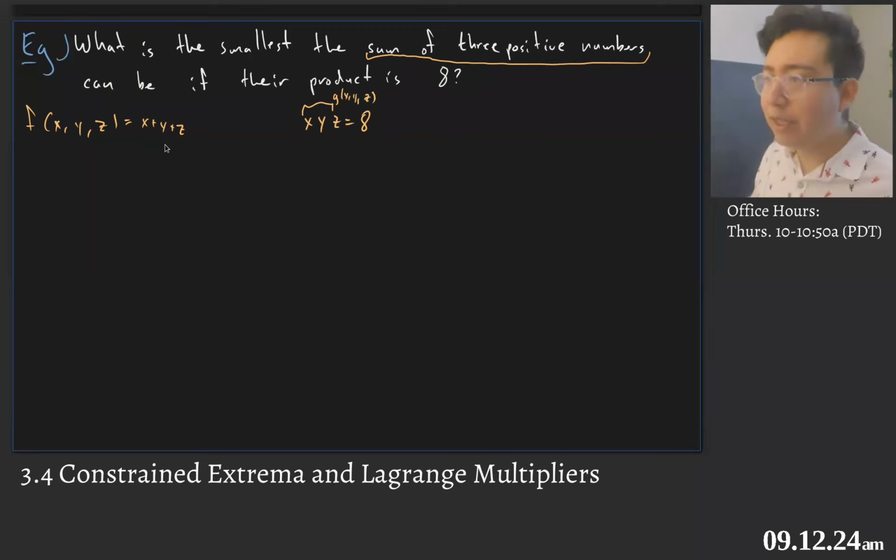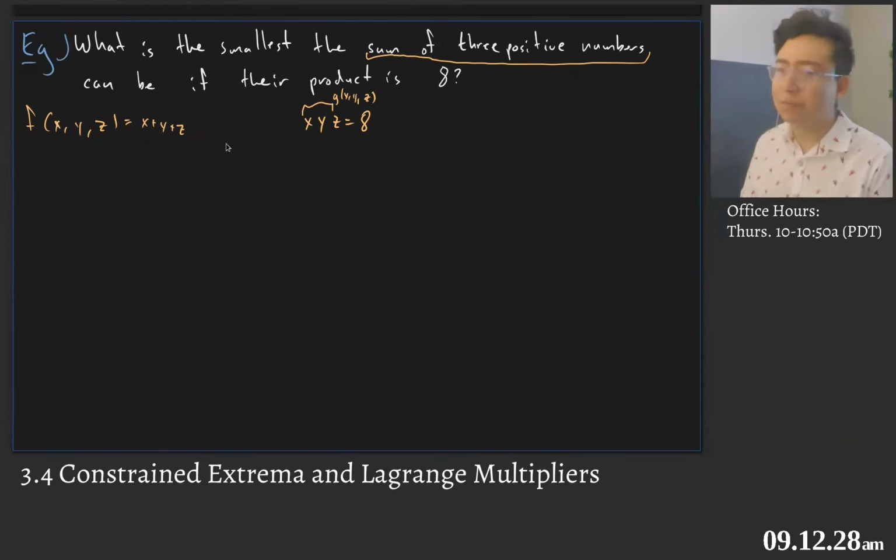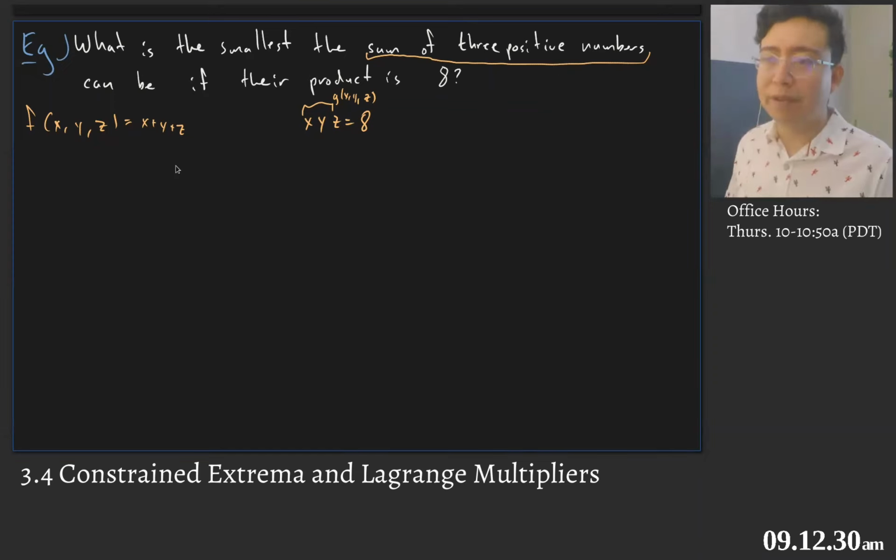Now, one thing I want to note right off the bat is that this function can't have a maximum if you're looking at positive numbers. Even if I restrict the product to be 8, I can make x as big as I want, and then make y just 1 over x, and then z can be equal to 8 or something like that.